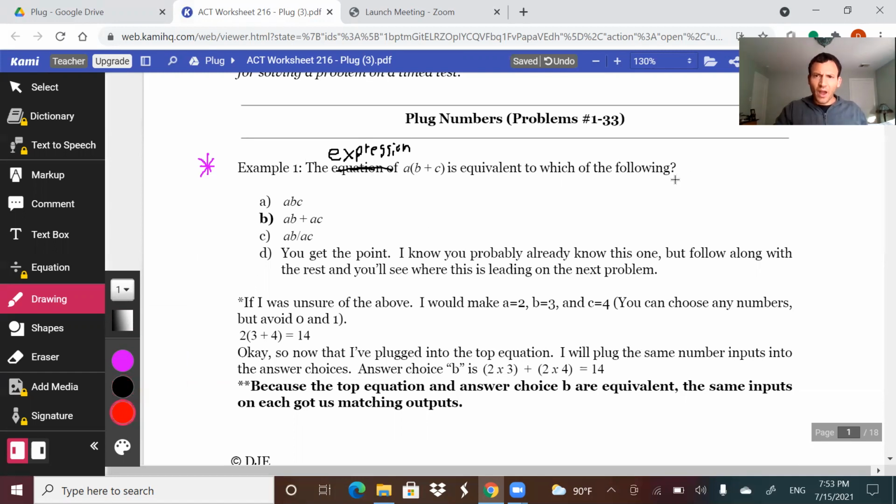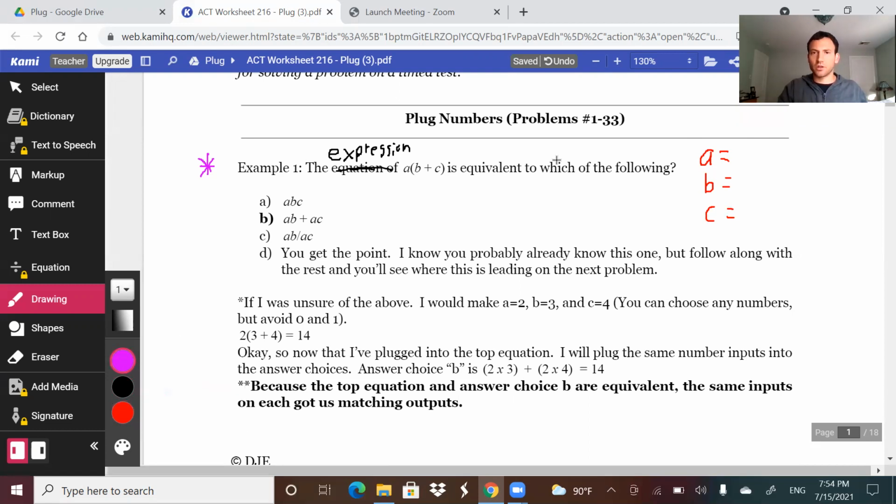So I avoid using 0 because that turns everything to 0. 1 is also not a great number. You won't ever get the wrong answer. You just may get multiple matches, and then you'd have to change numbers anyway. I know that probably doesn't make sense right now, but everything will make plenty of sense in just a moment.